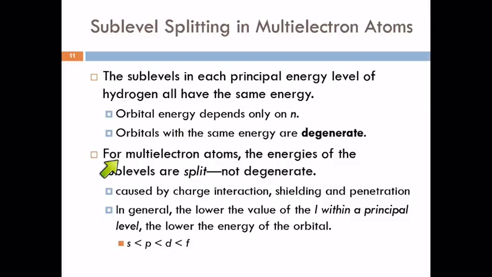So what we see is we get this splitting of the sublevels, and that's caused by interaction of charges. It's also caused by shielding of some electrons by other electrons, and also penetration. And so in general what we see is the lower the value of L within a principal level, the lower the energy of the orbital. So generally speaking, the S sublevel is lower in energy than P, which is lower than D, which is lower than F.